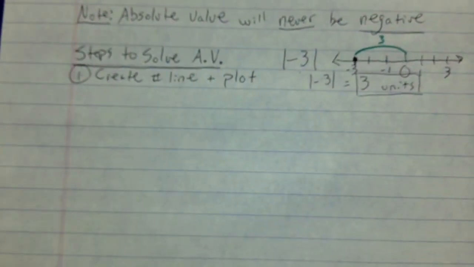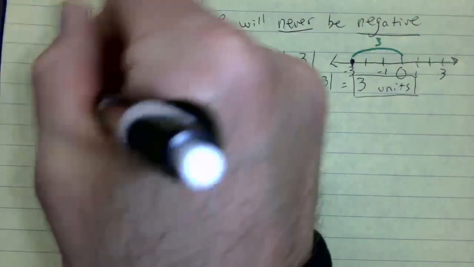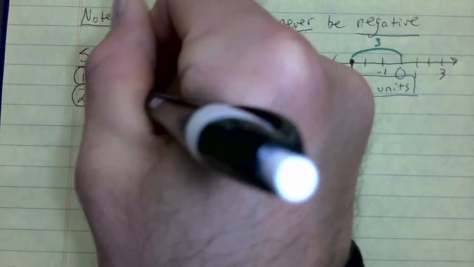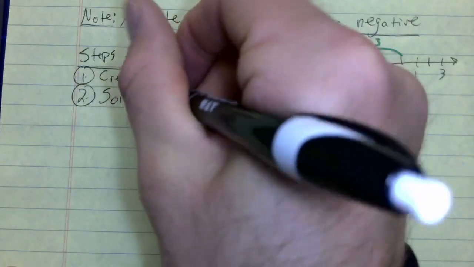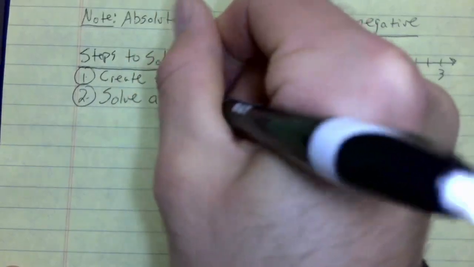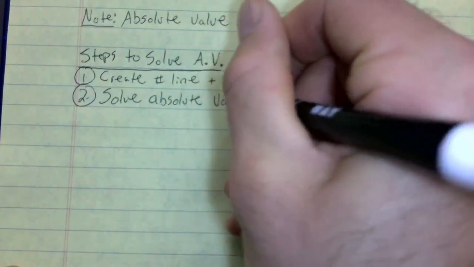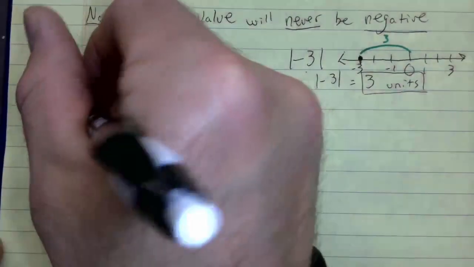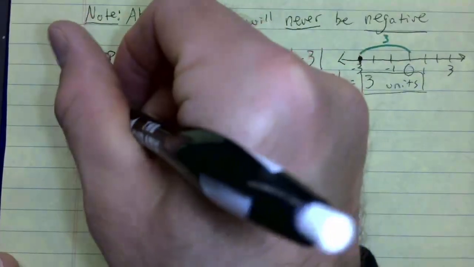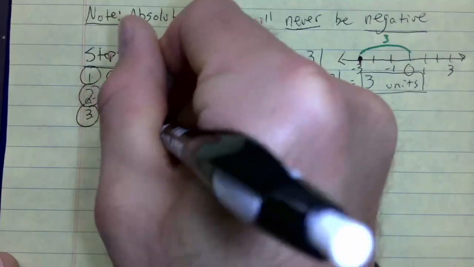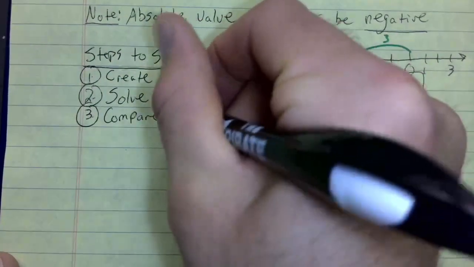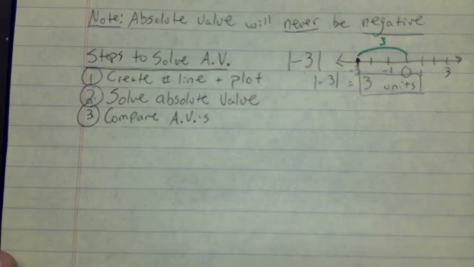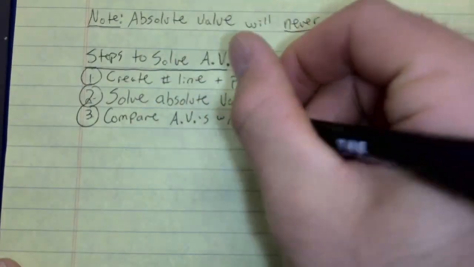That's step 1. Step 2 is to solve your absolute value. So you just solve it. Step 3 is to compare your absolute values, and you can abbreviate AV with an apostrophe S, with inequalities.